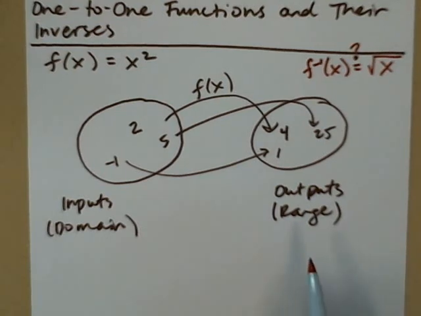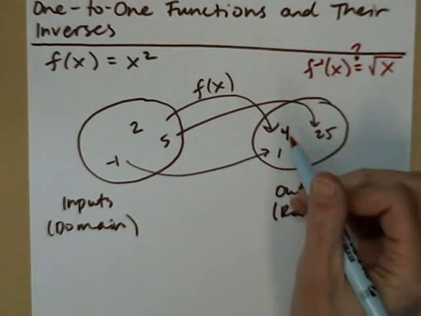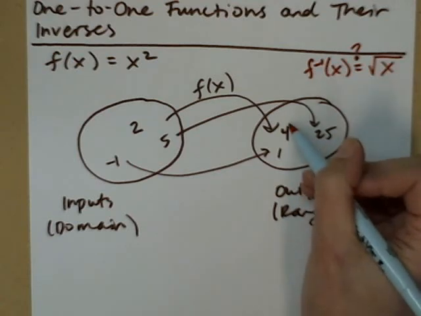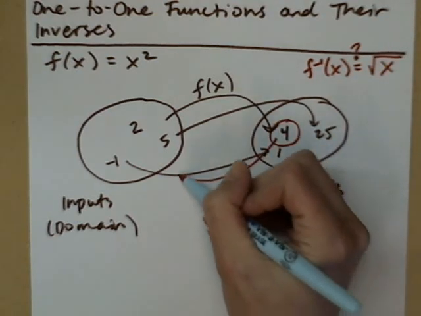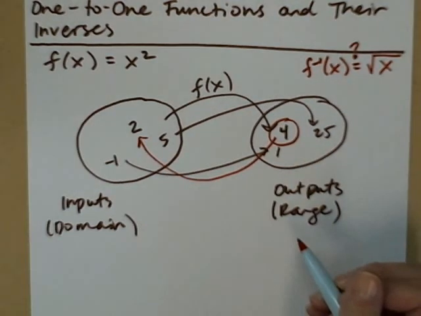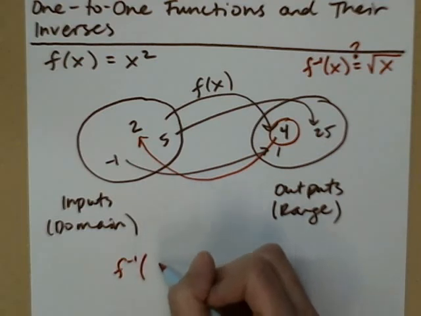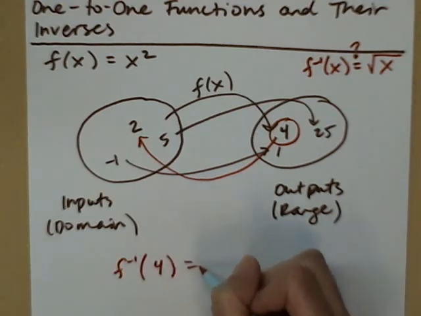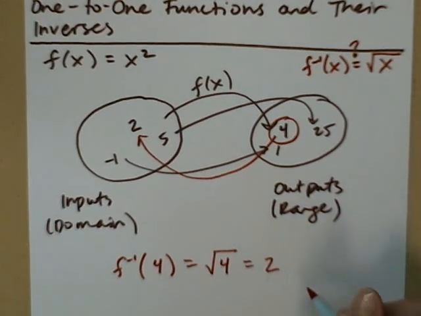So if I apply the square root to get back, I would do the square root of 4. So let's try and get back. I'm going to start with a 4, and I'm going to work my way backwards to get to a 2. Well, that works, doesn't it? Because f inverse of 4 should get me back to the 2. The square root of 4 is equal to 2.